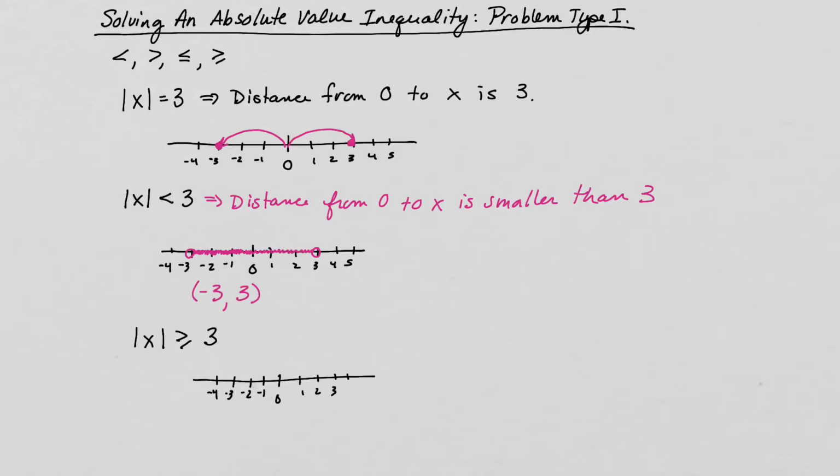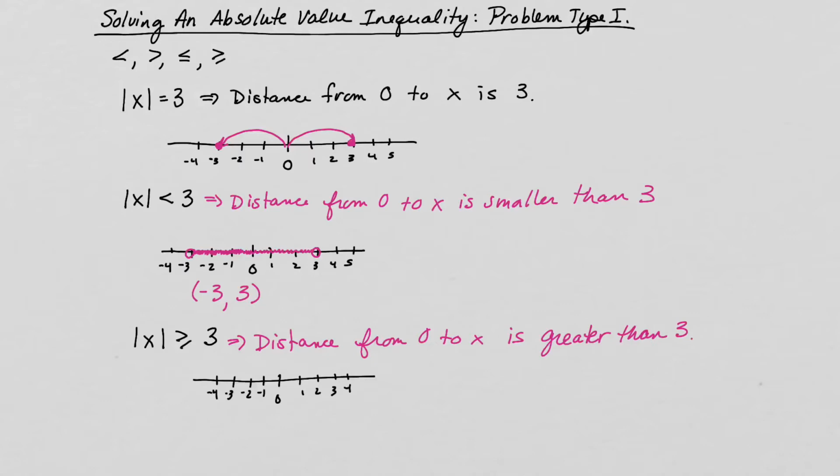So if I want to be greater than or equal to 3, this is again saying that the distance from 0 to x is greater than 3.